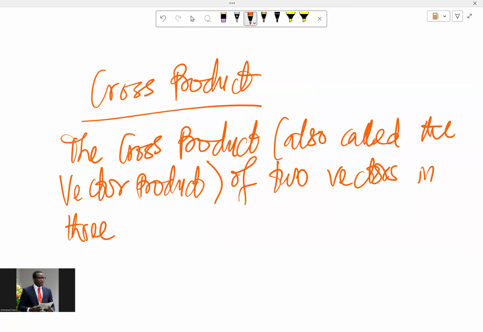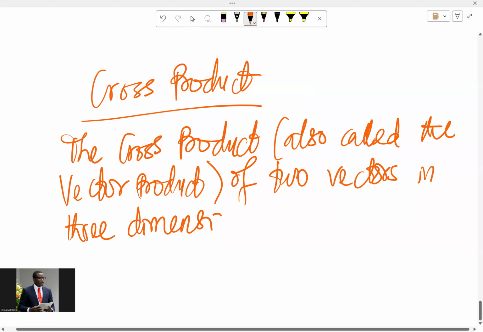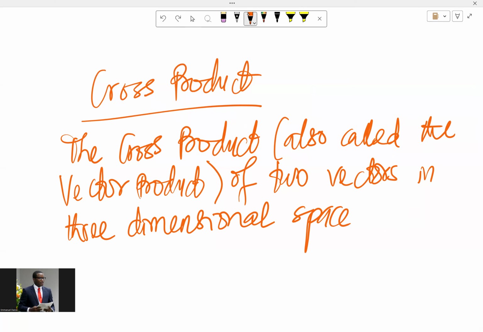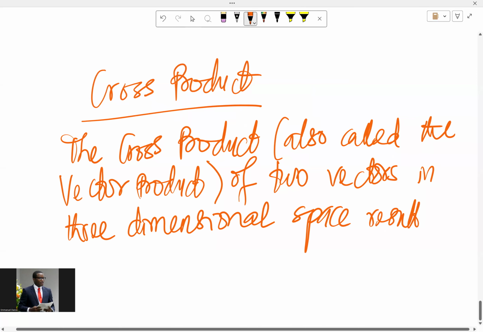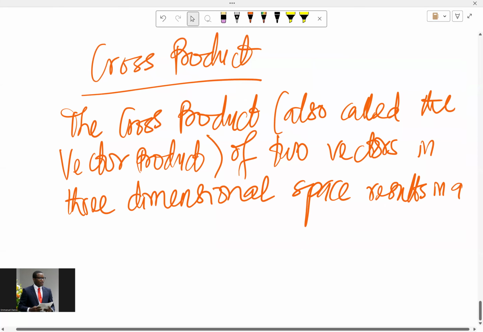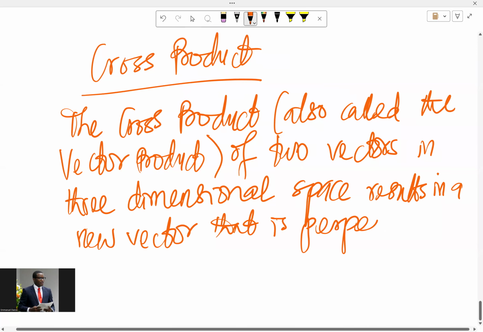But in three-dimensional space, it actually results in a new vector that is perpendicular.